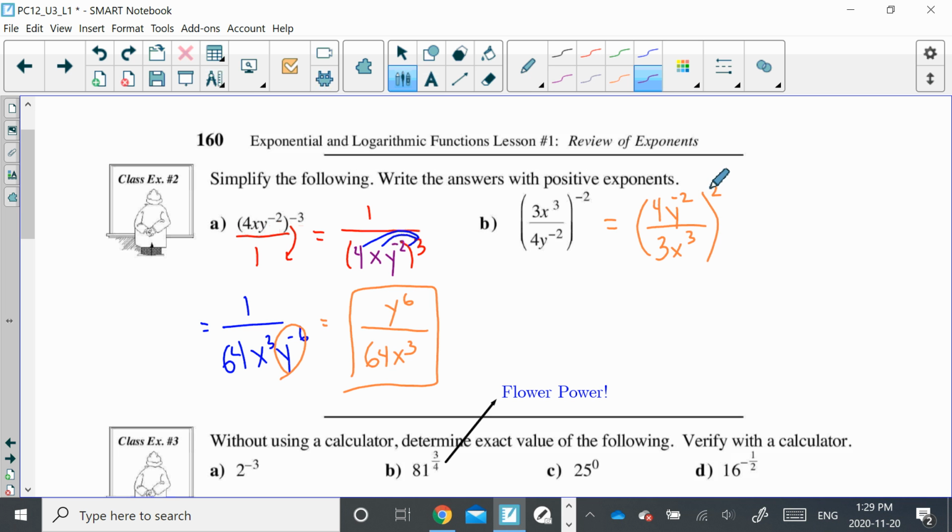From here, that 2 goes everywhere in this bracket. Okay, 4 squared is 16 times y to the negative 4. 3 squared is 9 times x, power to a power, multiply, x to the 6.